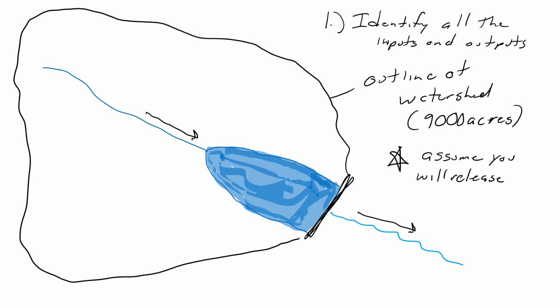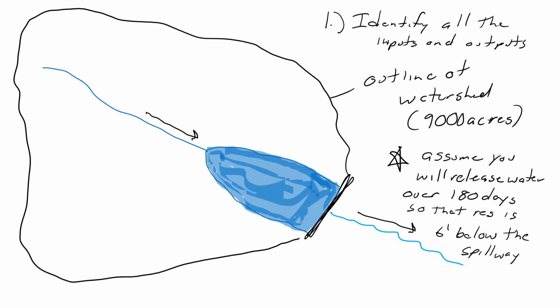So assume you will release water over 180 days so that your reservoir is 6 feet below the spillway at the end of those 180 days.